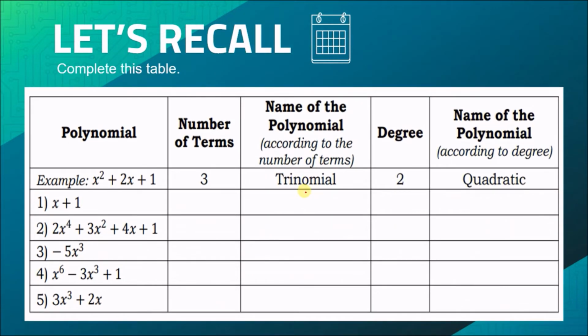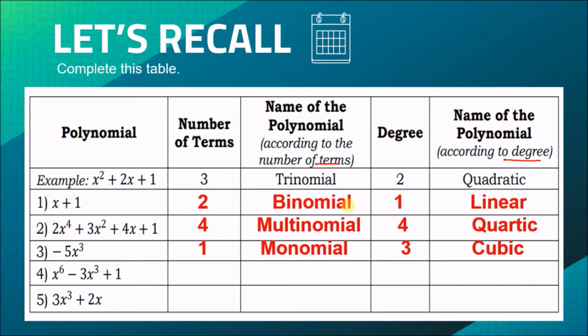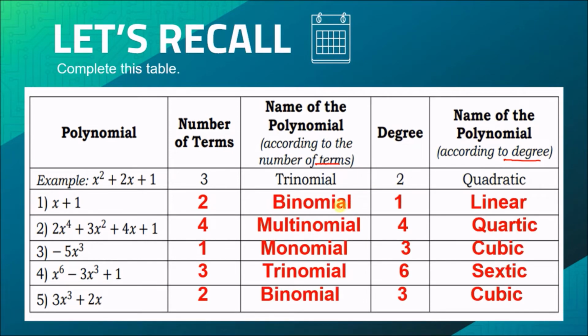And to recall, you must know the basic terms kung tawagin according to number of terms and according to degree. So, yan, familiar ka dapat sa mga yan. During your grade 7, ina-identify natin yan. Binibilang natin ang terms and tinatawag natin kung ano ba yung pangalan nun according to the number of terms.